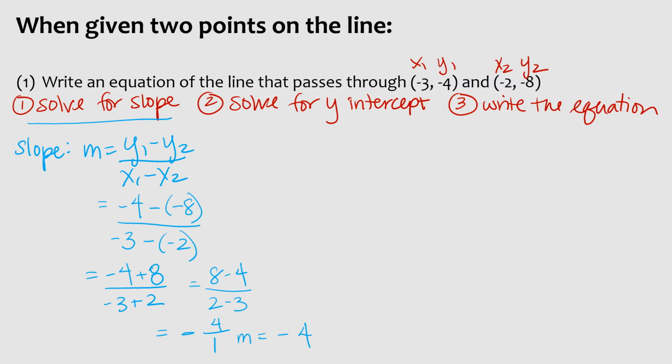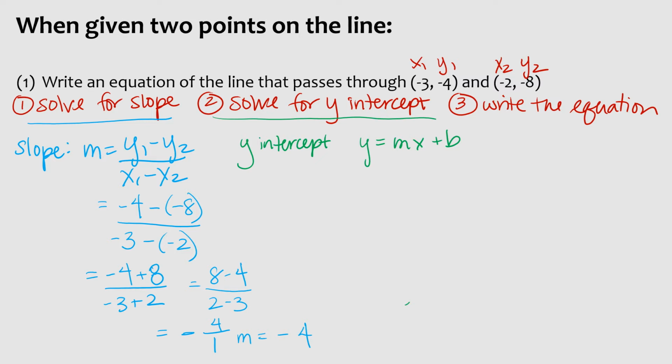Okay, that's step 1. So let's go on to solving for the y-intercept. That's going to be my second part here. I'm going to just plug it into my equation, so y equals mx plus b. And I can really take either point.